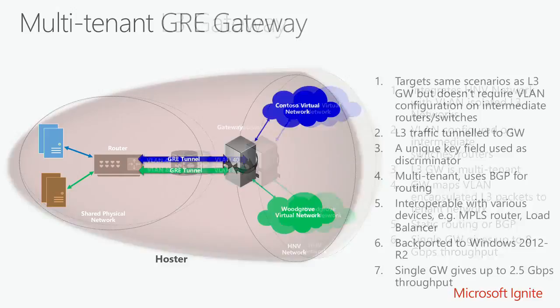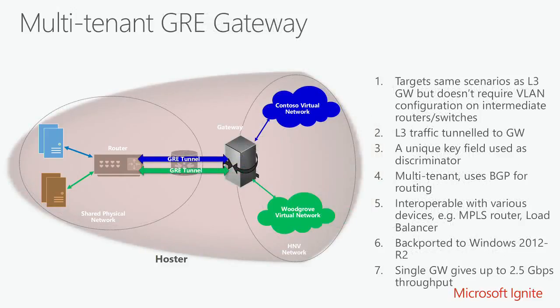So the next option is a GRE tunnel. The same setup, but if you don't want to create VLANs throughout your infrastructure, you can simply set up a GRE tunnel between your, maybe as a hoster, you have separations, or you can let your tenants' MPLS connections that are basically a GRE connection.